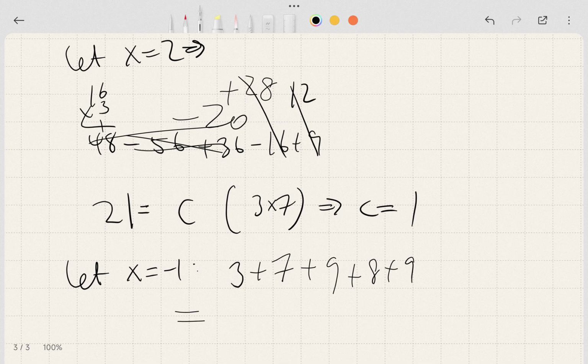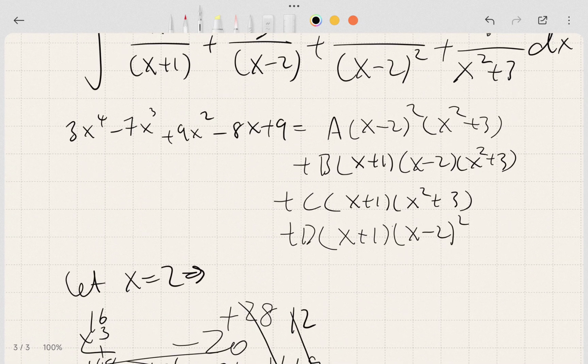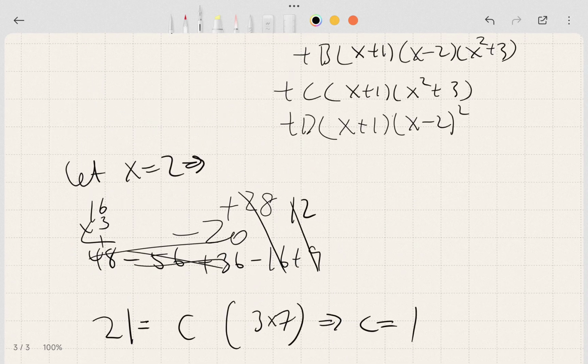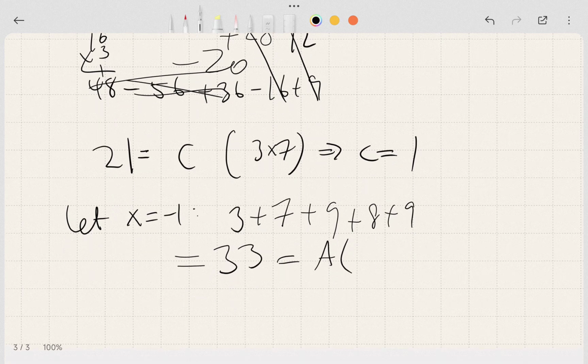That's going to be 2 times 9 is 18, 18 plus 8 is 26, 26 plus 7 is 33, 33 is equal to, when x equals minus 1, cross out the other terms, a times minus 1 minus 2, which is minus 3 squared, which is 9, 9 times 4, which is 36.